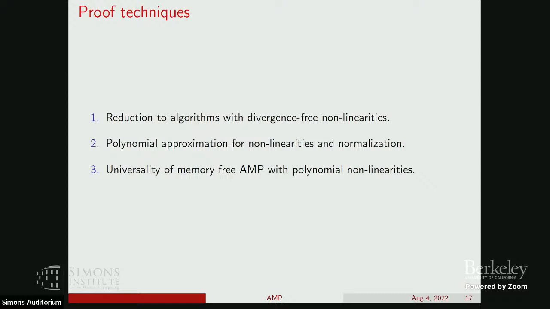The first one is to essentially say that if I can do it for some functions that have some special properties, along the lines of what Song alluded to a while back, so if these are divergence free, I'm basically done. And the second step is a normalization step and an approximation step. Basically saying, okay, I am applying these nonlinearities. If I can do the proof for polynomials, I'm basically done. And some other normalizations that we'll see in a bit.